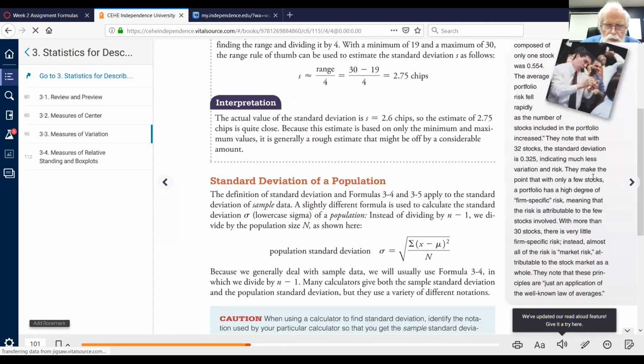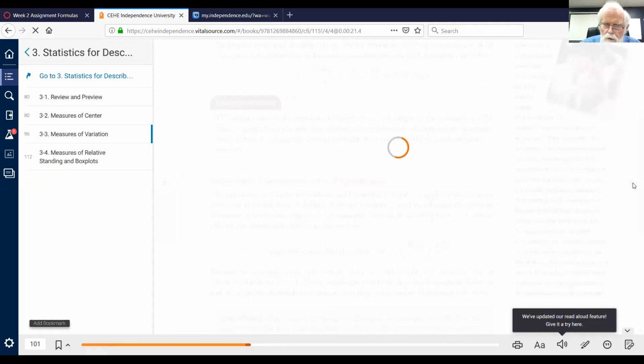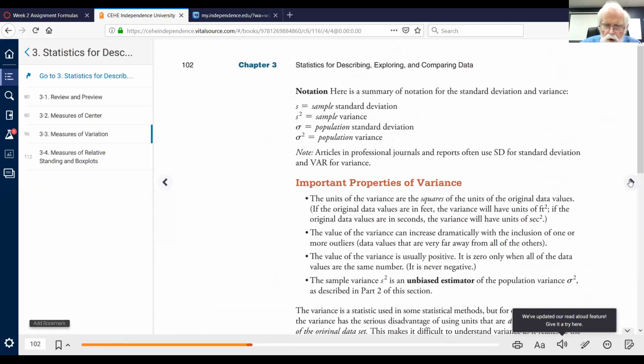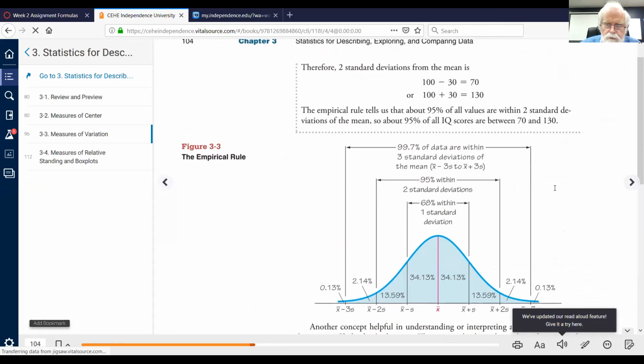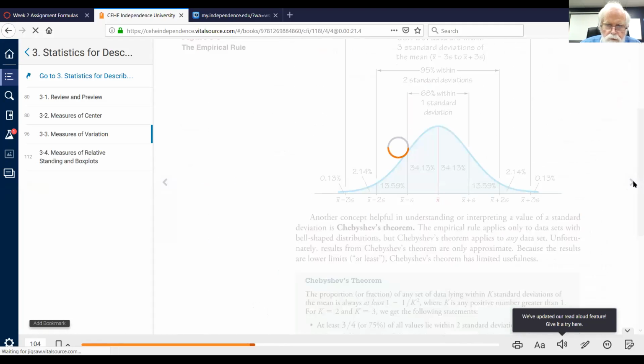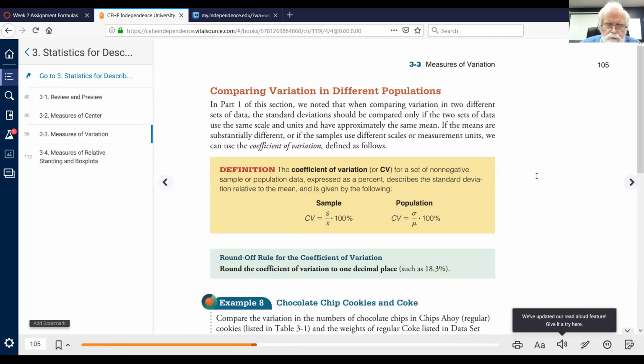Yeah, it's the standard deviation divided by the mean.